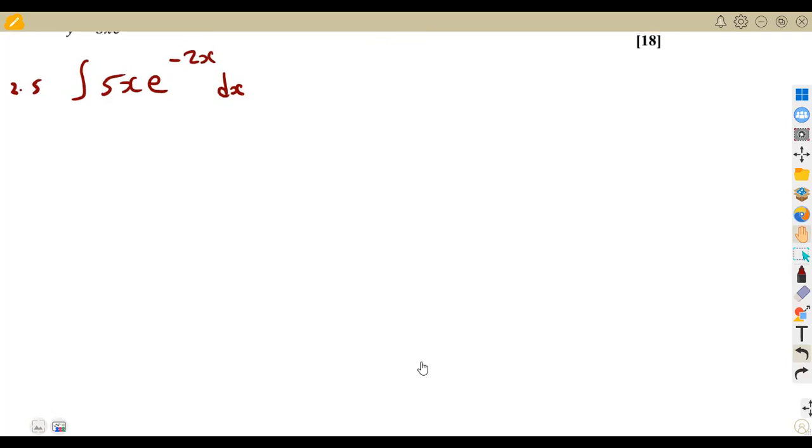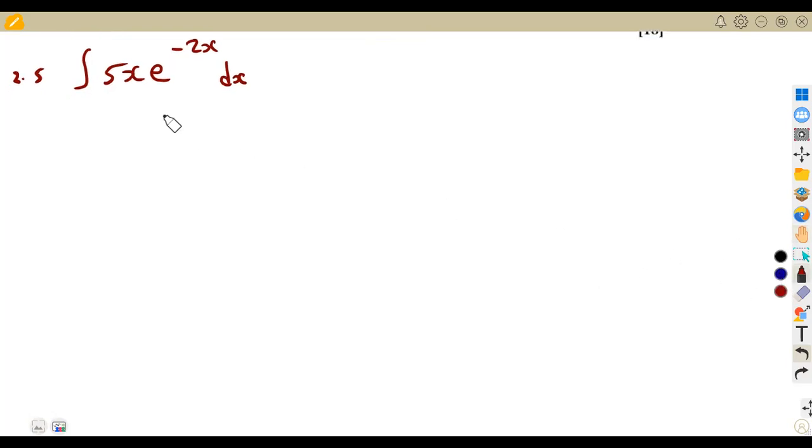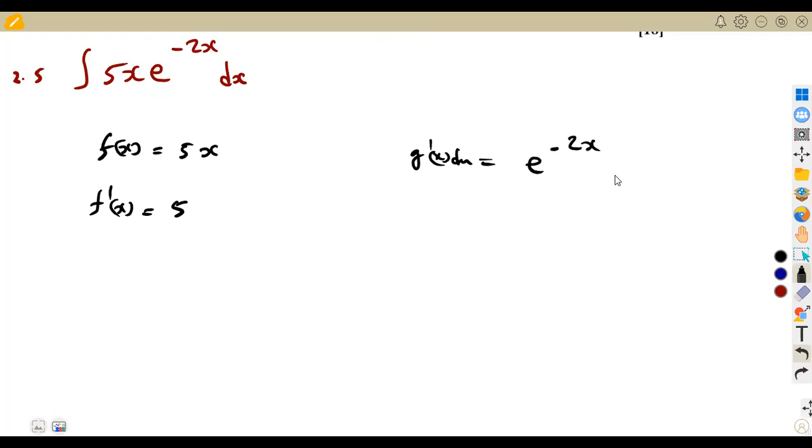All right. If I use 5x as my f of x, it's going to be easier because we eliminate the idea of reintegrating again. Okay, let me explain this way. I just hope you understand me, guys, but I talked about this before. So this will be a 5. Let's go to e. The g prime dx is going to be e to the exponent of minus 2x with respect to x, and we are supposed to integrate both sides so that we obtain this.